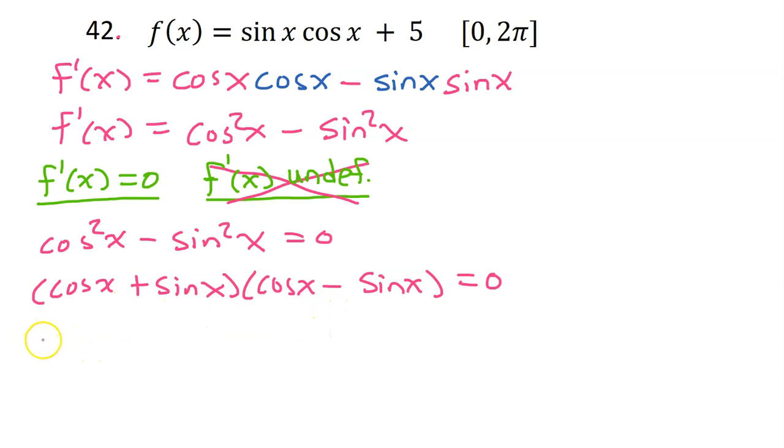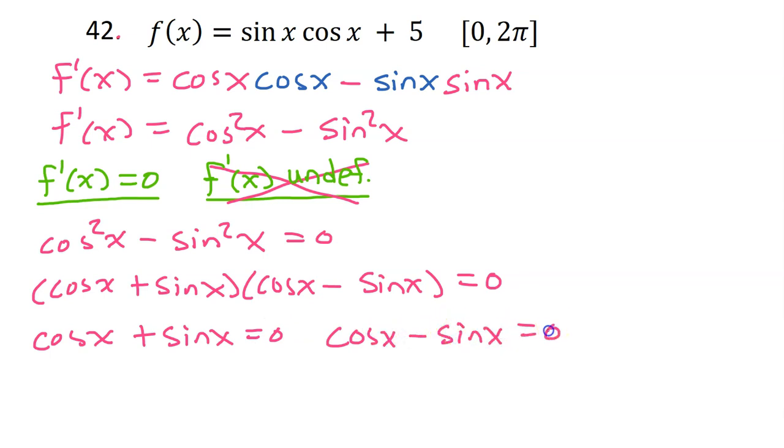So we will have cosine x plus sine x equals 0, and we will have cosine x minus sine x equals 0. Subtracting sine x from both sides, we get cosine x is equal to negative sine x.